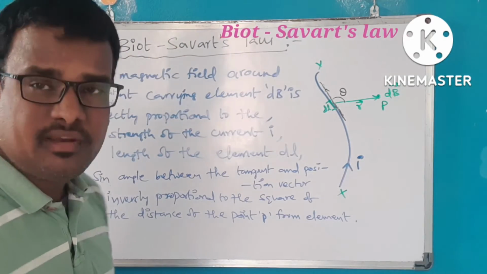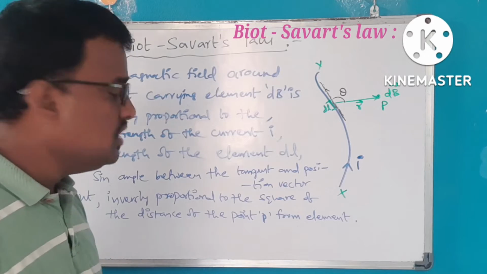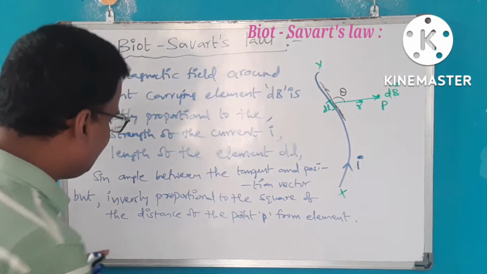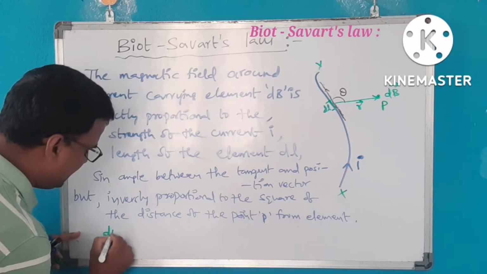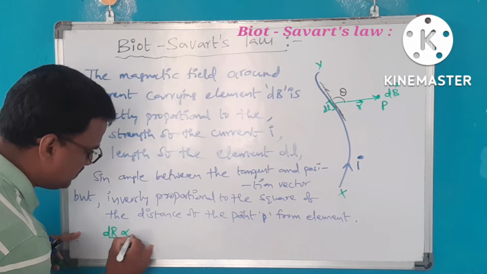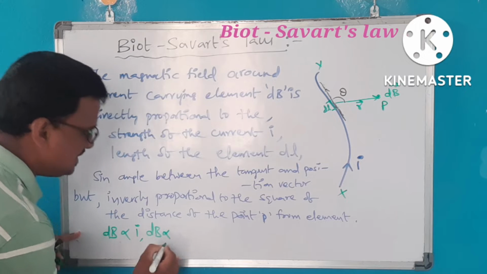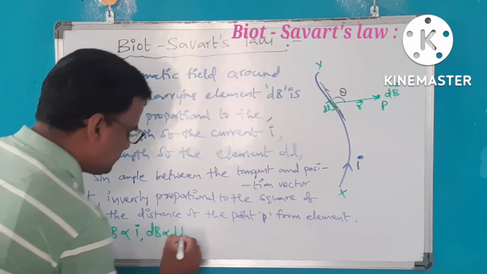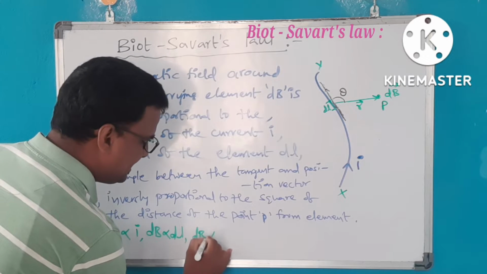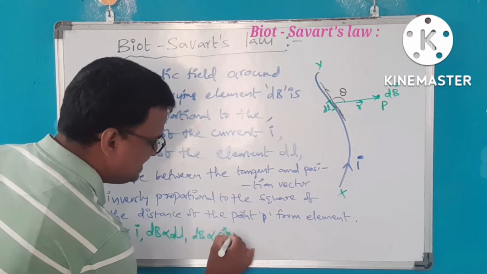From this statement, we write the equation like this. Here dB is directly proportional to I, dB is directly proportional to dl, and dB is directly proportional to sin theta.